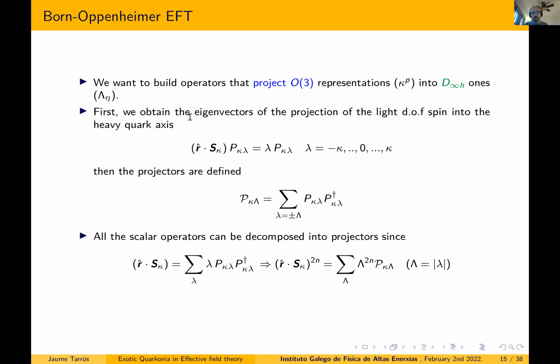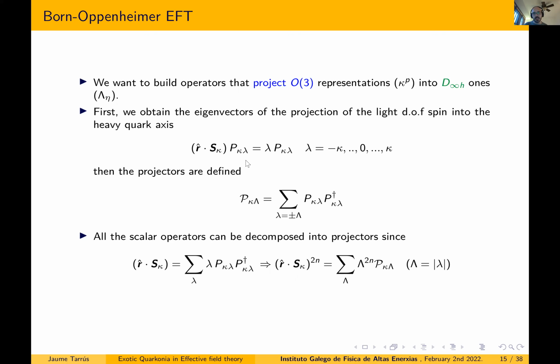To do so, we look first at this eigenvalue equation for the projected spin matrix of the light degrees of freedom. This gives us these eigenvectors, which we call projection vectors. These are the projection vectors that get you from a basis of the spin in the z direction to a basis of the spin in the r direction, so in the direction of the heavy quark anti-quark axis.